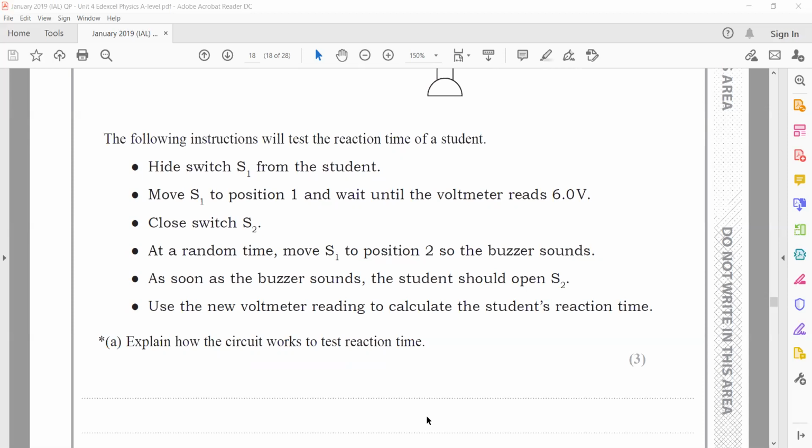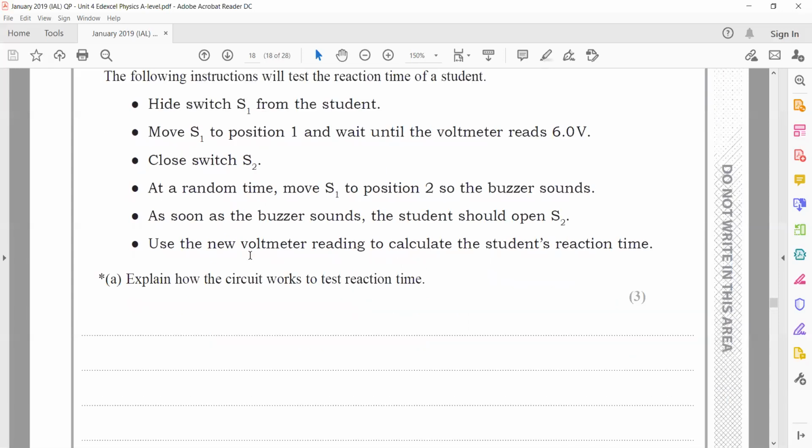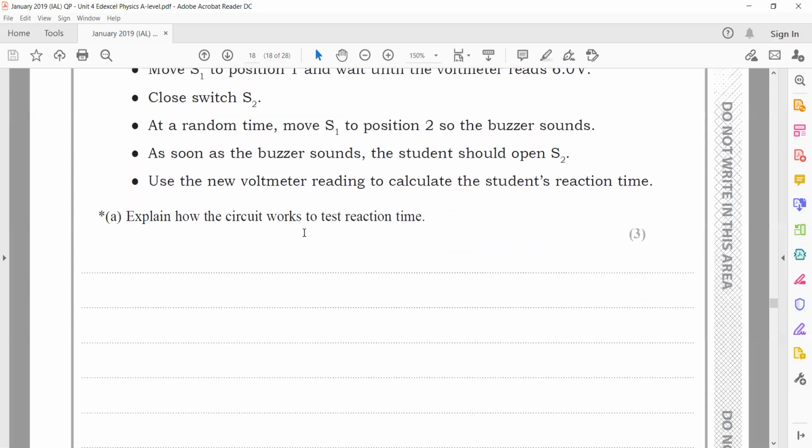Using V = V0 e^(-t/RC), we can find the time taken by the student to react to the sound, or the reaction time of the student. Is this part clear, how the circuit works to test the reaction time of a student?